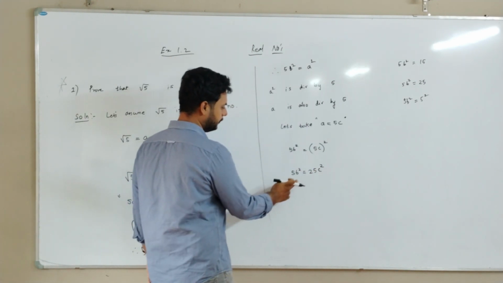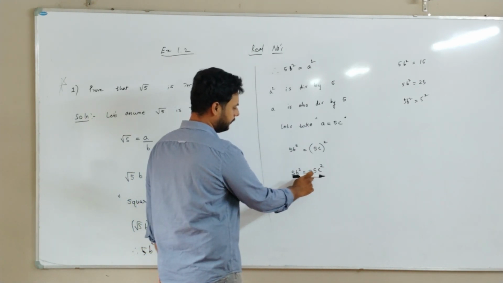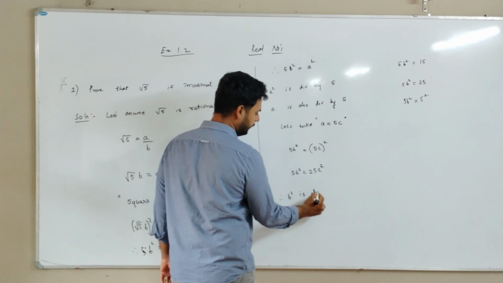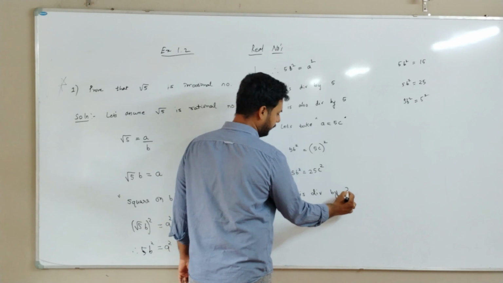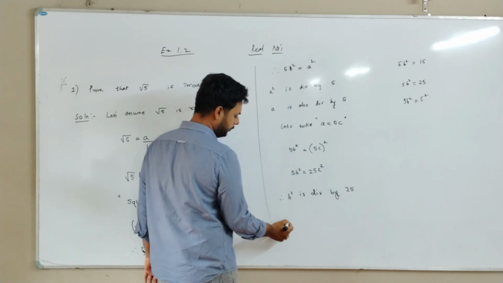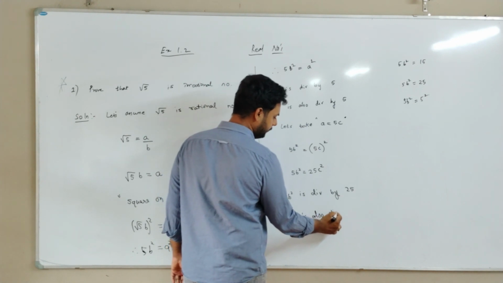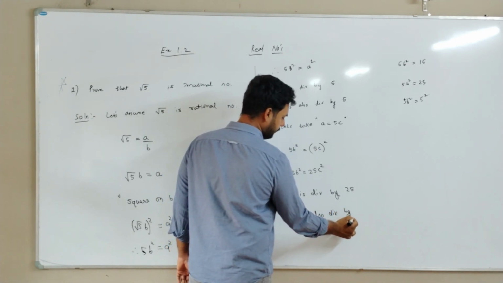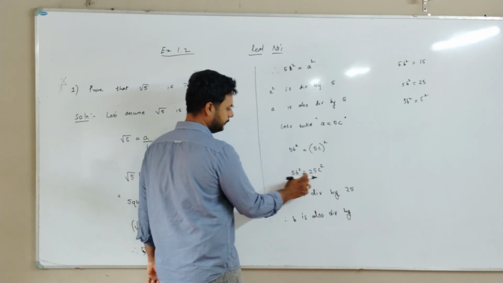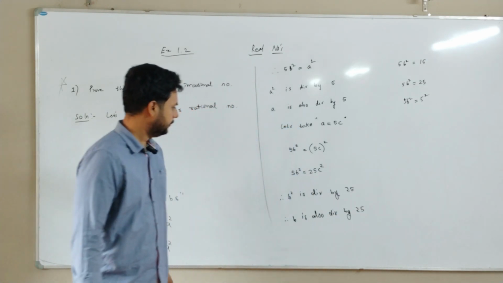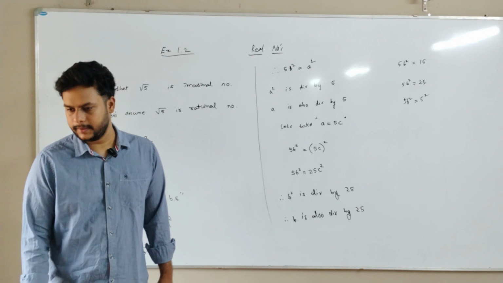Now this b square is divisible by 25 and b is also divisible by 25. Right statement?